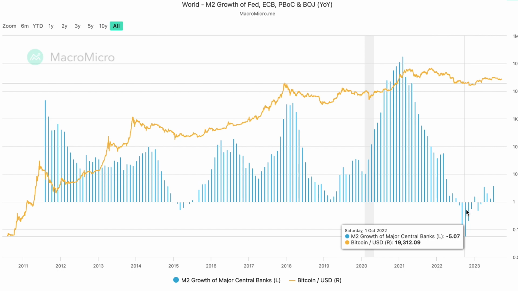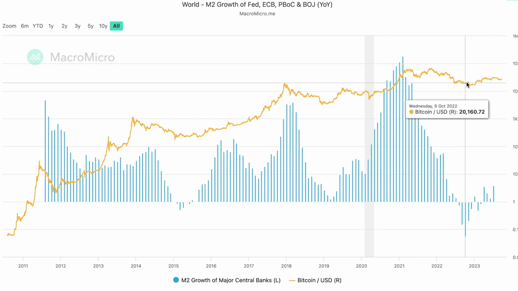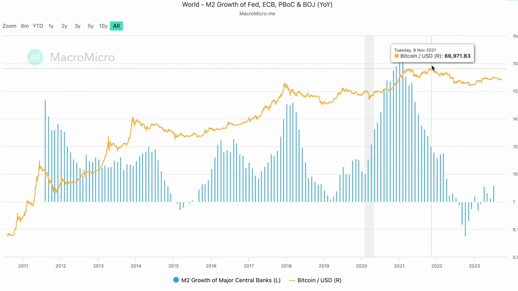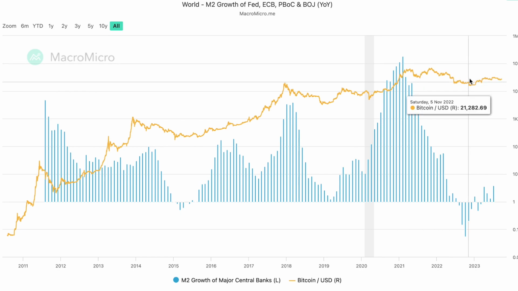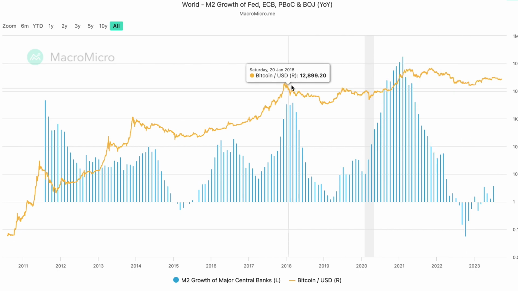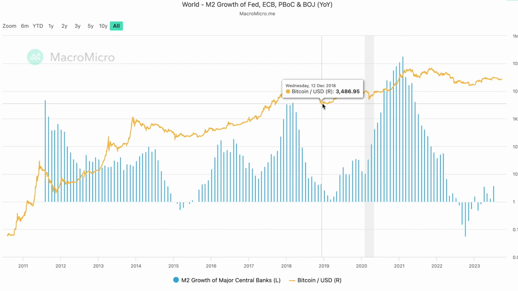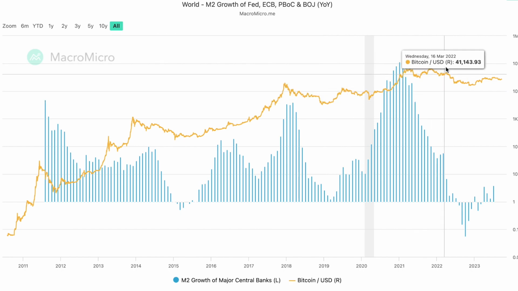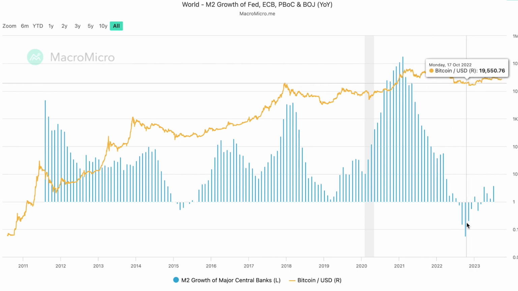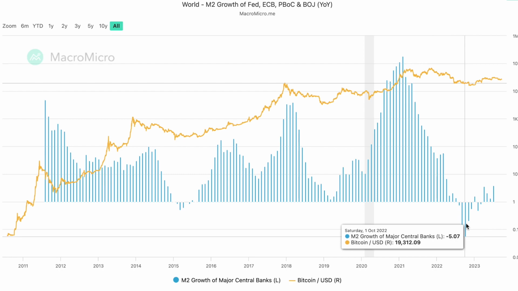This was the most diminished M2 growth we've seen, but yet Bitcoin held up relatively strong. We didn't have an enormous crash. Yes, we went down from 69,000 to roughly 16,000, but compared to previous cycles, whenever we lost even a higher percentage, we did not lose as much percentage-wise this cycle as we did the previous cycle, but yet M2 growth was the lowest we've ever seen.